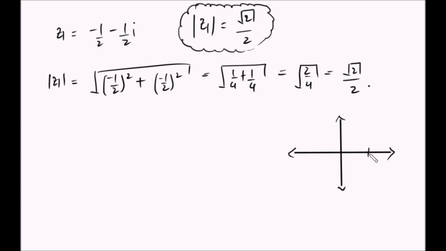This one is negative half, and this one here is negative half. So our complex number z1 is going to be somewhere here. If I draw a straight line from the complex point z1 to the origin, you can see that our argument is this one.